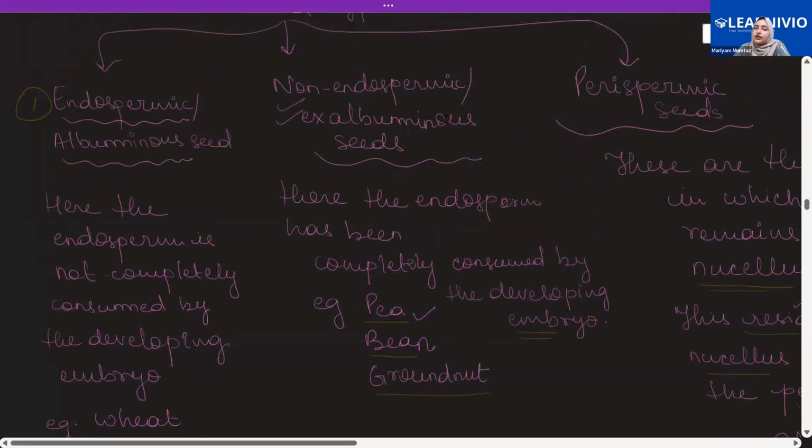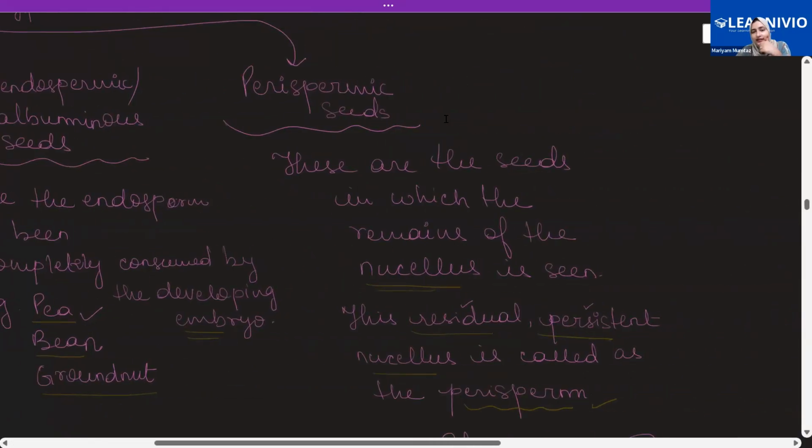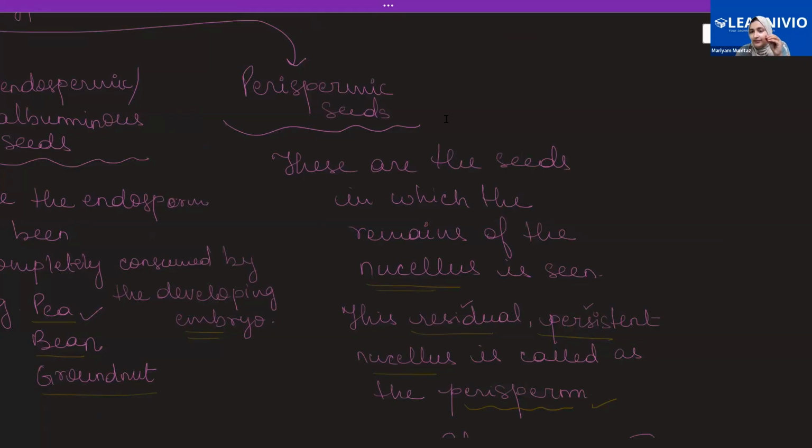The non-endospermic or ex-albuminous seeds are the ones that have their endosperm completely consumed, meaning no endosperm is left, such as in the case of pea, bean, and groundnut. And the last one is the perispermic seed, wherein remnants of the nucellus are seen.